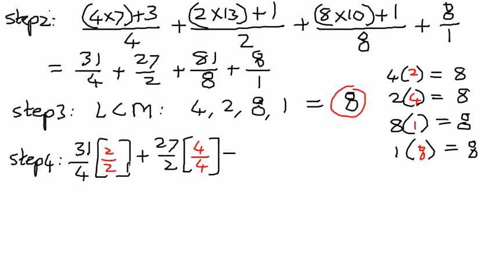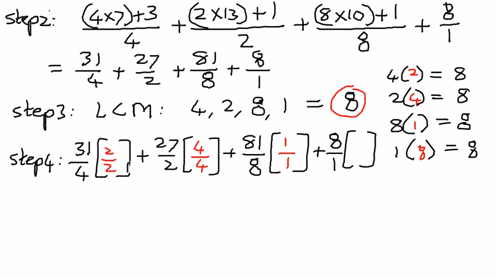And the third fraction I have here is 81 over 8, and in this case I'm going to multiply by 1 because 1 times 8 is 8. The last one I have is 8 over 1, and I'm going to multiply and divide this fraction by 8, so therefore the common denominator is going to be 8.